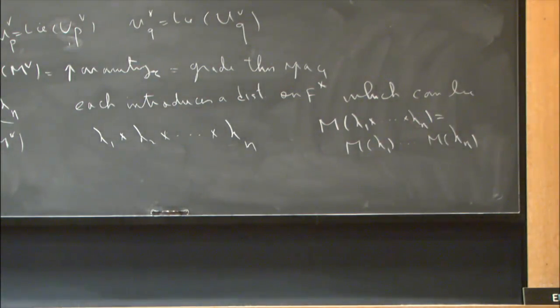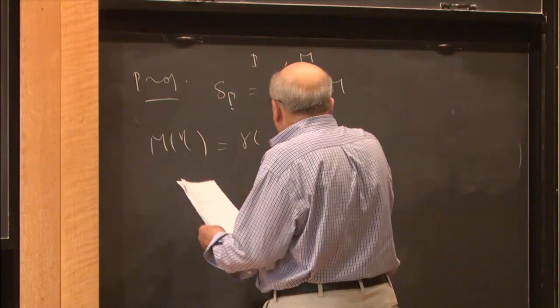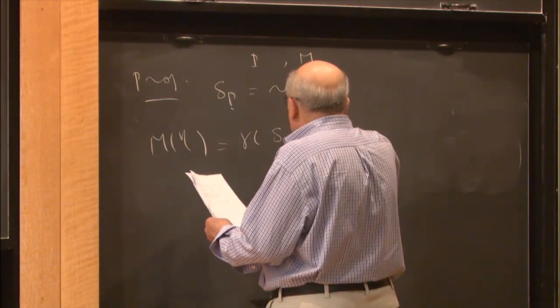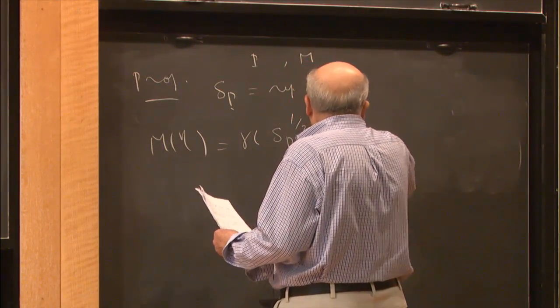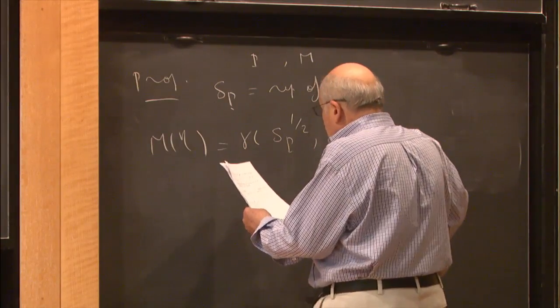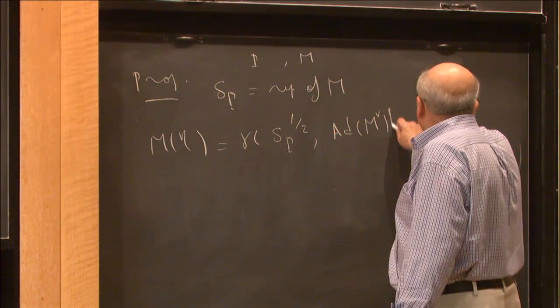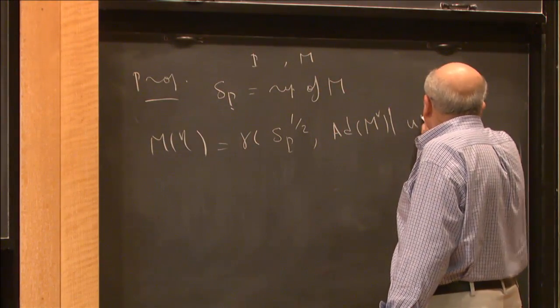It is just gamma at delta P to the 1/2 times adjoint of M check restricted to that UPQ check.